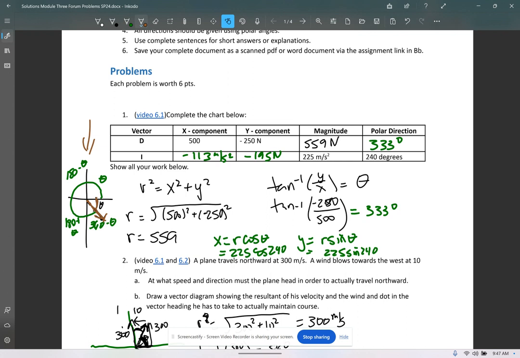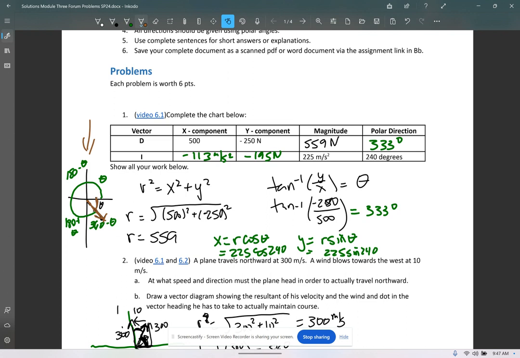So looking at my positive and negative coordinates for x and y, it puts it in the fourth quadrant. And the rule is when it's in the fourth quadrant, you take the angle off of 360. So when I found the angle using tan, and then I just took it off of 360, it gave me 333 degrees. So that's how I got that angle.